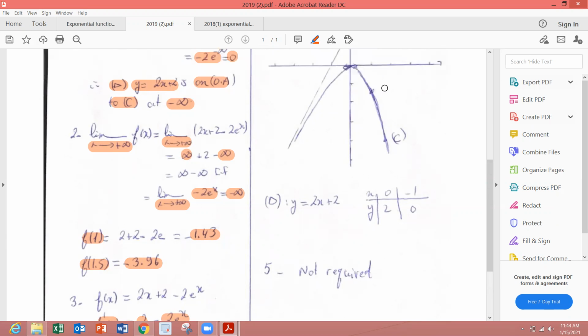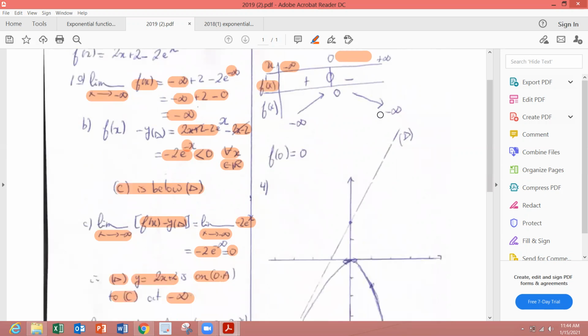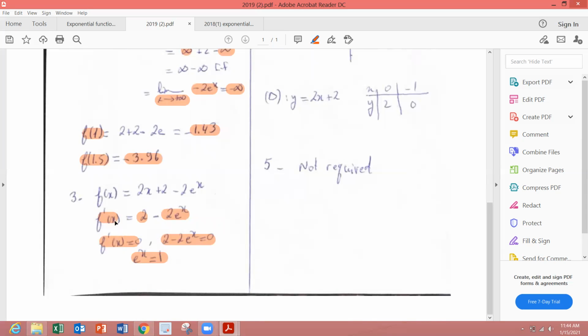Now, on the table of variations, to know the sign of the derivative in the interval 0 to plus infinity, I take a number between 0 and plus infinity, like 1, and we calculate f prime of 1. We put 1 in the derivative, not in the function, because I need to know the sign of f prime.